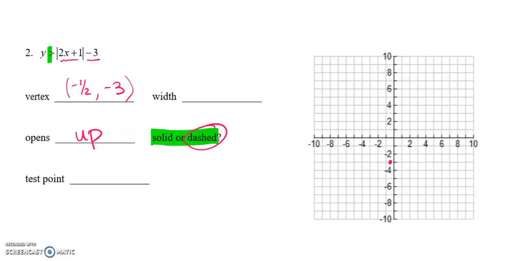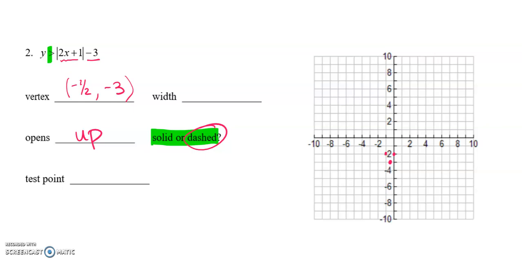And what about the width? Well, let's see. I'm going to plug in something like 0 and get an idea. If I plug in 0, 2 times 0 is 0, plus 1 is 1, absolute value of 1 is 1, minus 3 is negative 2. So 0 is here at negative 2. But remember, because of the symmetry, negative 1 will also be at negative 2. Pick another point.